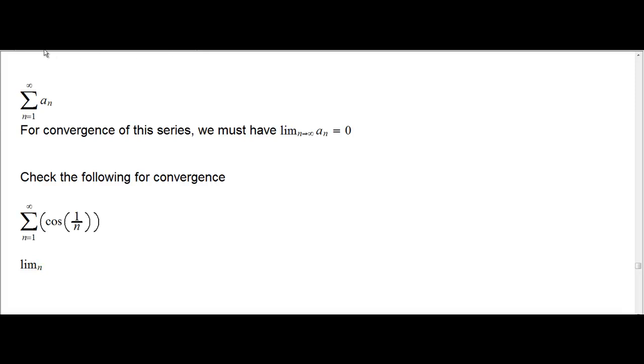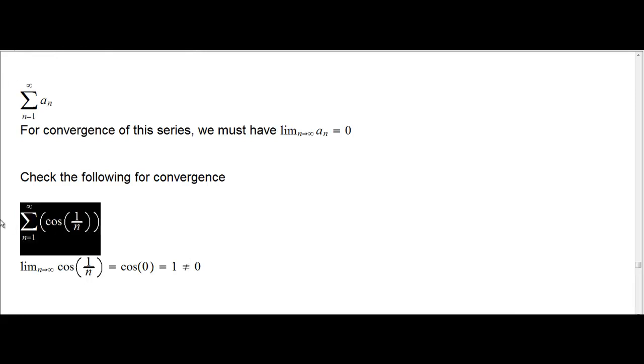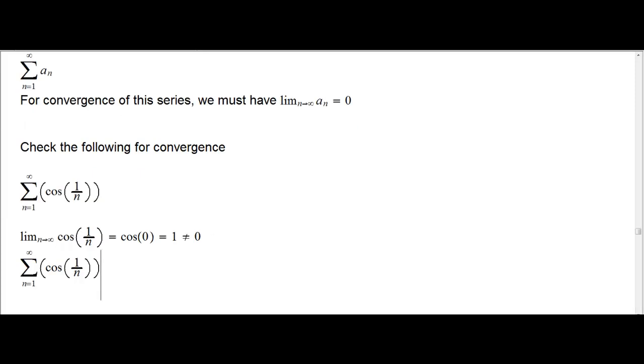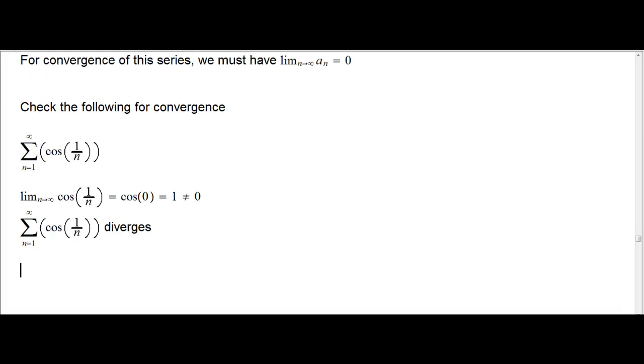As n goes to infinity, this will go to cosine 0, which is what? 1, and which is not equal to 0, right? So we can say right there that this series diverges. Okay? Am I clear?